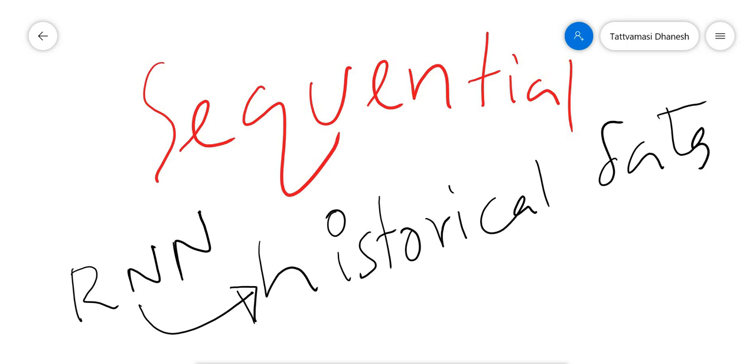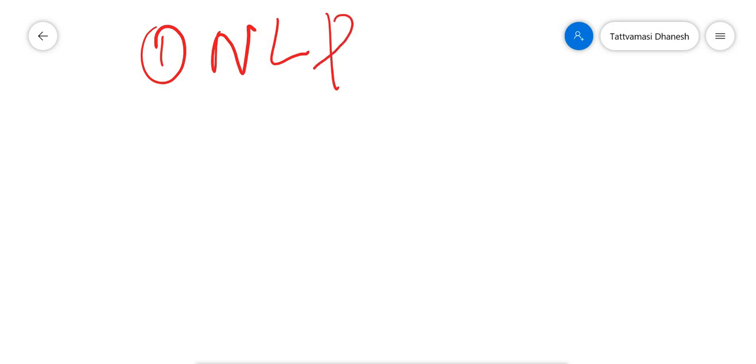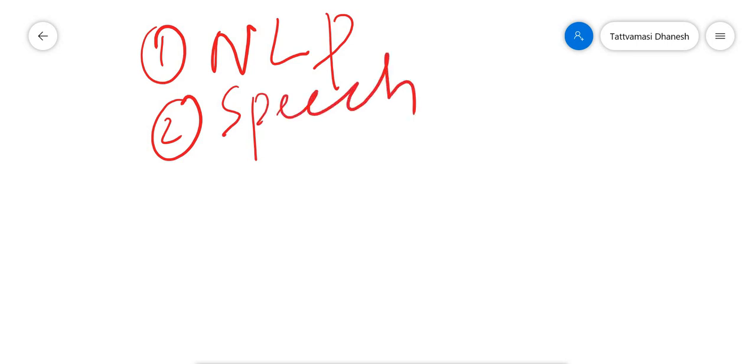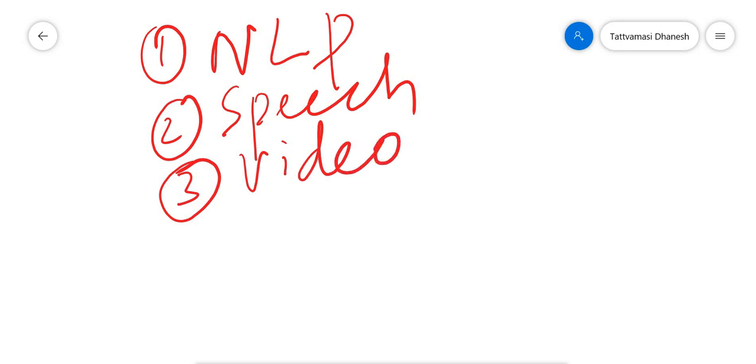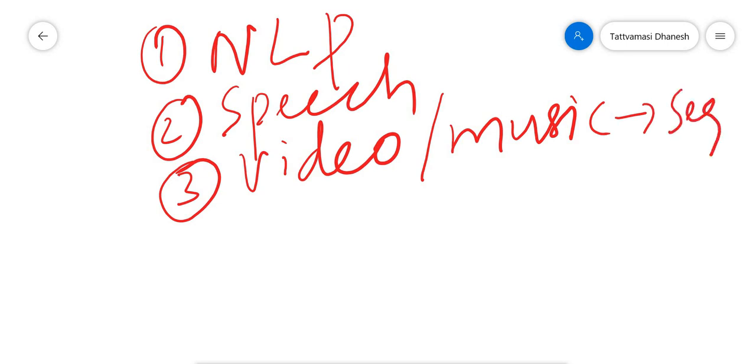Some examples where we need to process historical data: 1. NLP, natural language processing. 2. Speech recognition. 3. Video and music sequence data. 4.